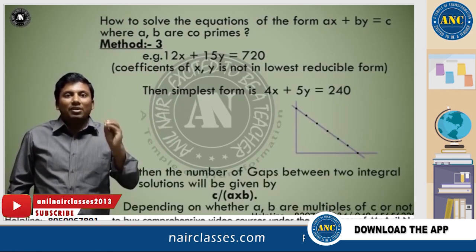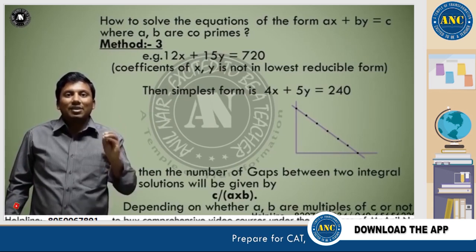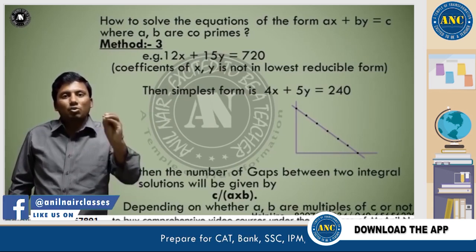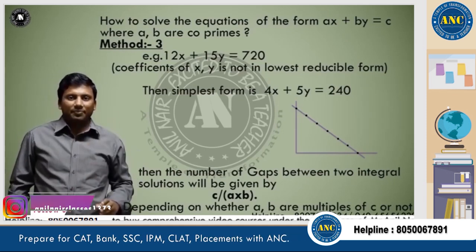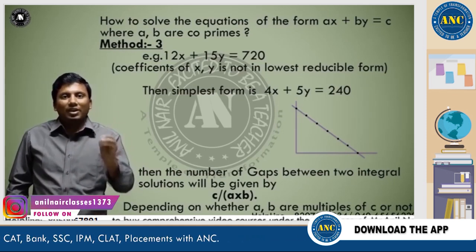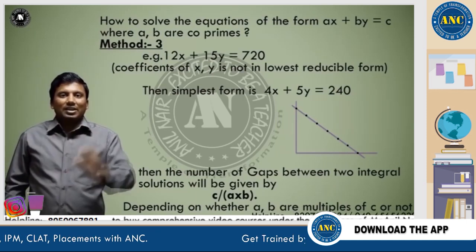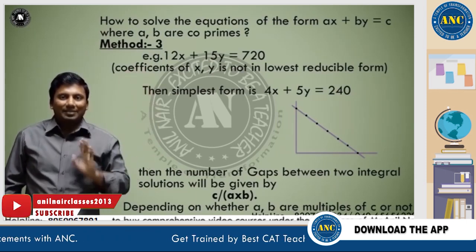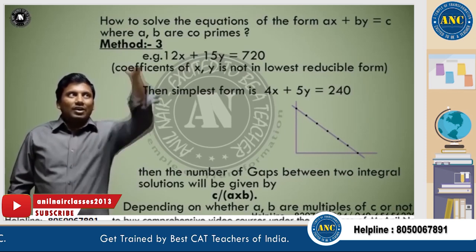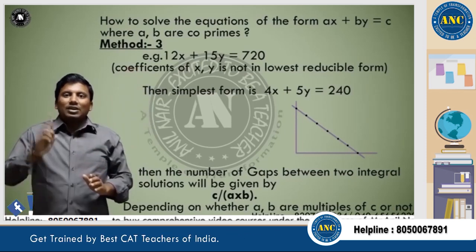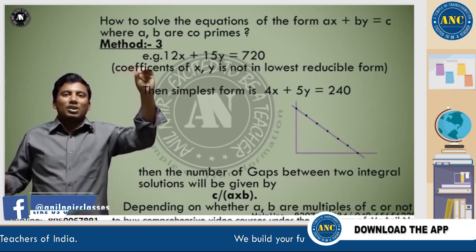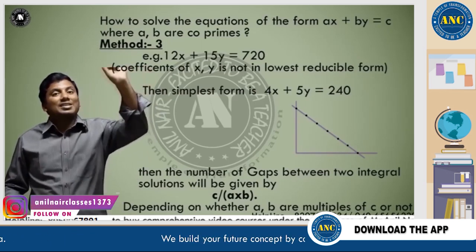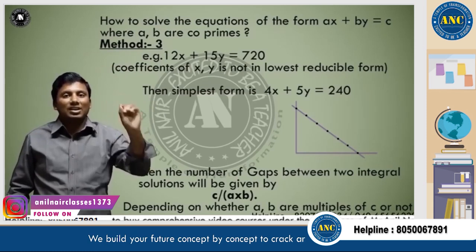The gap between two integers is given by c/(a×b), which can be proved easily by using the PNC method. 3x + 4y = 60. If you draw the line onto the graph, you will get a line where for x value 20, y value 0, for x value 0, y value 15, and there are some other points which lie on this line.